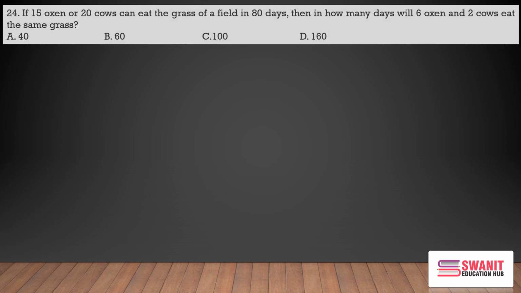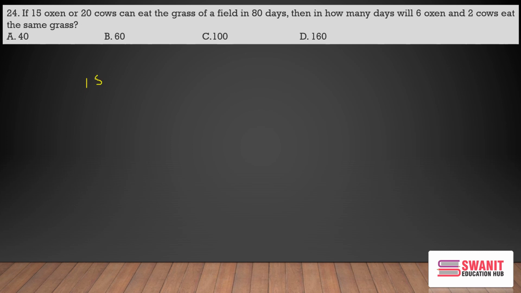Another question: if 15 oxen or 20 cows can eat the grass on a field in 80 days, then in how many days will 6 oxen and 2 cows eat the same grass? So let's see what the question is talking about.